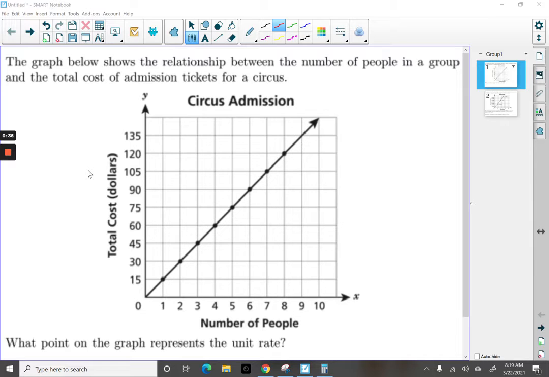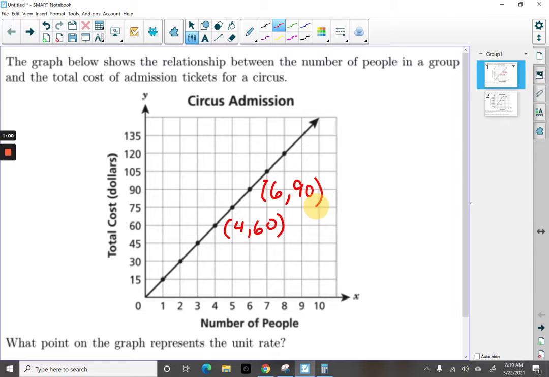What you probably remember is dividing them and making sure they're all equal to the same number. We can do that in a problem like this. We can take a look at these values here, look at my coordinates. I'm just going to choose two of them for the sake of looking at them. We have (4, 60), and just to choose another one here, (6, 90).